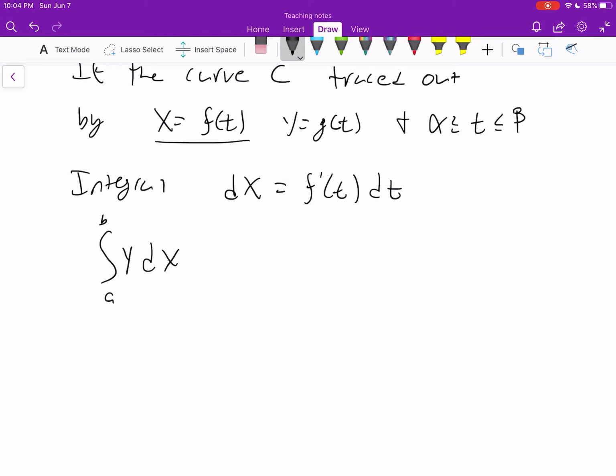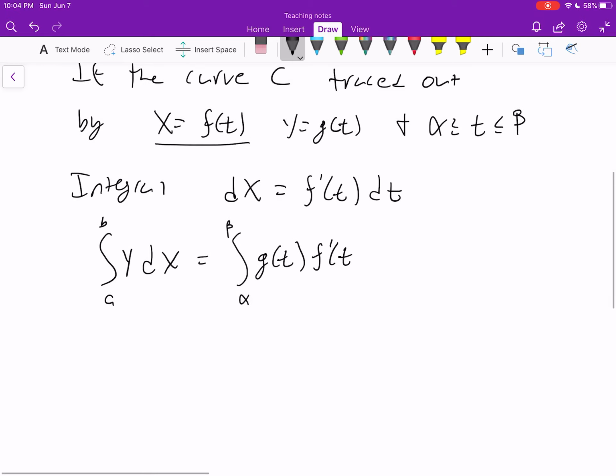I'm making the substitution x is equal to f of t, then I can say that this is the integral from alpha to beta, y is equal to g of t, dx I've already computed, it's f prime of t dt.